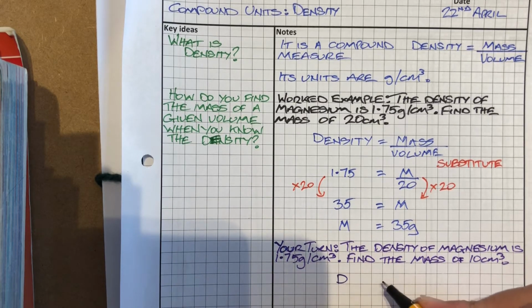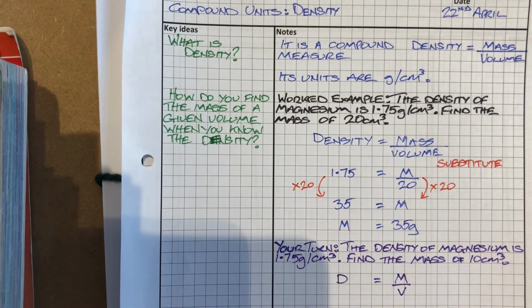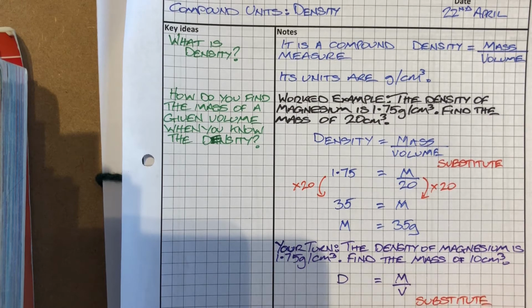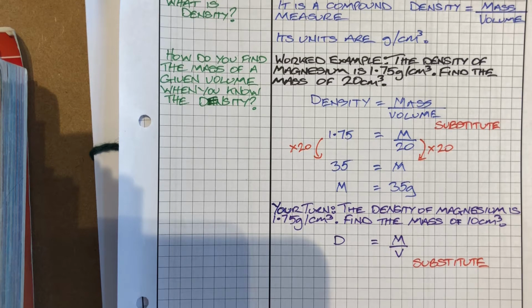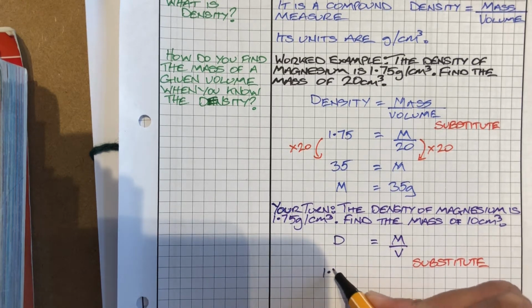So, density is mass divided by volume. Substitute in, replace letters by numbers wherever you can. So, D for density, 1.75.